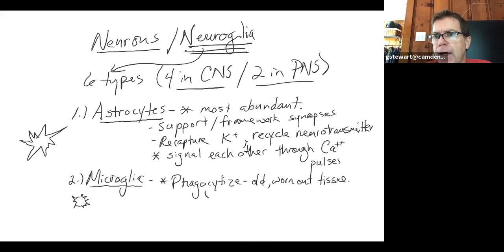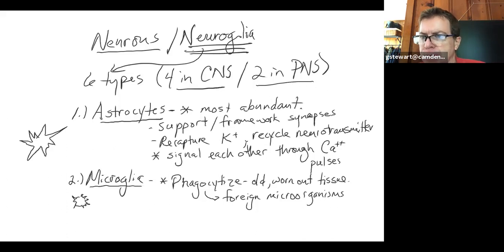They can also phagocytize foreign microorganisms. That's why it is said these cells act like immune cells. We don't want any foreign cells, foreign microorganisms to enter our central nervous system. That's from the get-go, but you know nothing's perfect, and occasionally bacteria or viruses do get into our central nervous system, and these cells, in particular microglia, help to identify those foreign cells and phagocytize them.